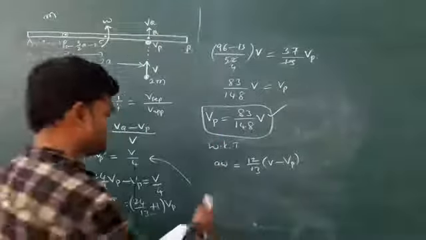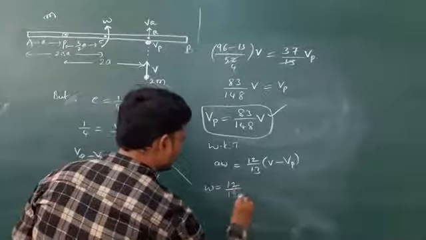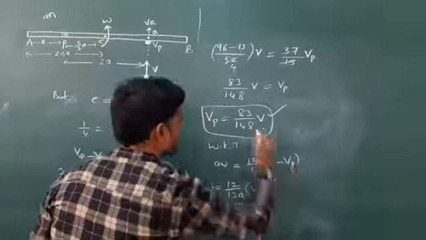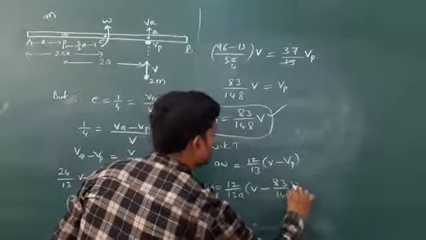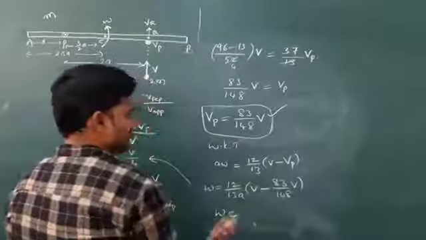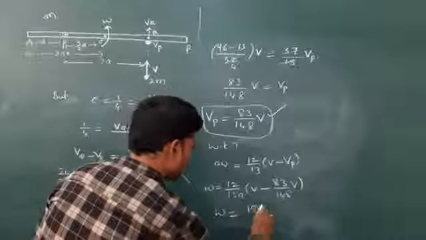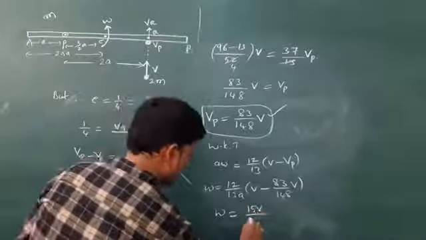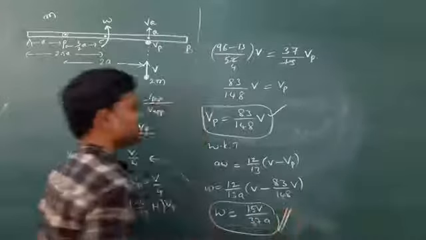So you will get omega equals 12 by 13a, V minus Vp, that is 83 by 148 V. So omega, just simplify this: 148 minus 83, so you will get finally 15 V by 37a. So these are our answers.